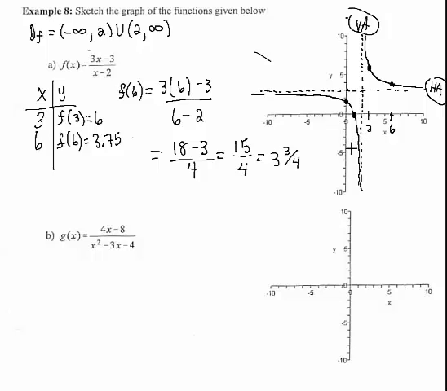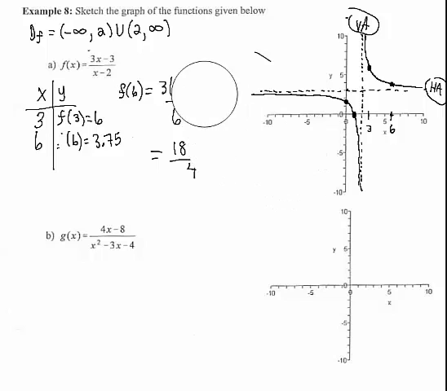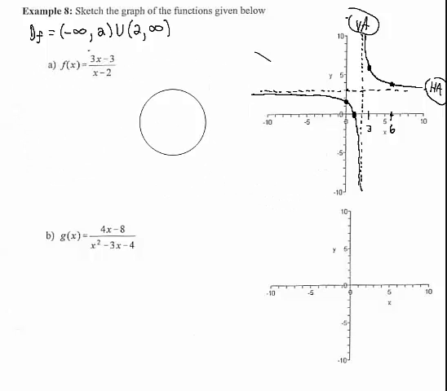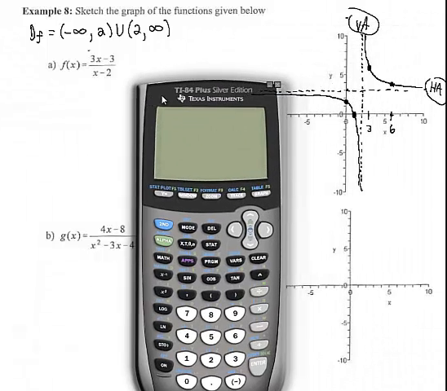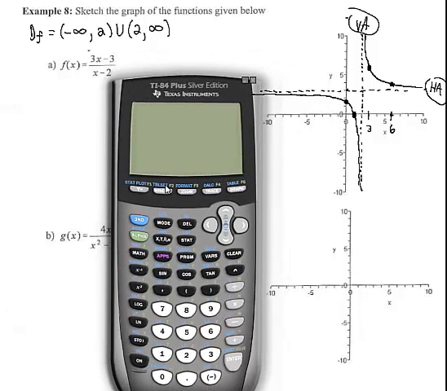So at this point, the last step is to simply verify the graph that we came up with using our calculator. Alright, y equals, and to be on the safe side, the way I'll put it into the calculator is I'll insert parentheses around the top and the bottom.